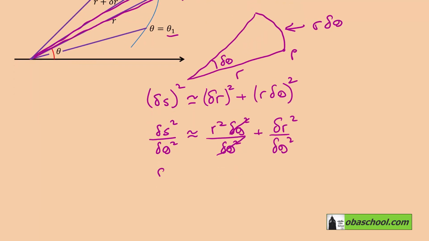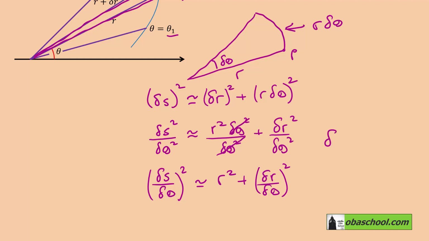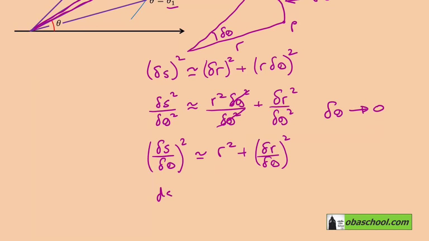And so that's delta s over delta theta squared is approximately r squared plus delta r over delta theta squared. And then we just take the limiting argument as delta theta tends to 0, and that becomes ds d theta squared is approximately r squared plus dr d theta squared.